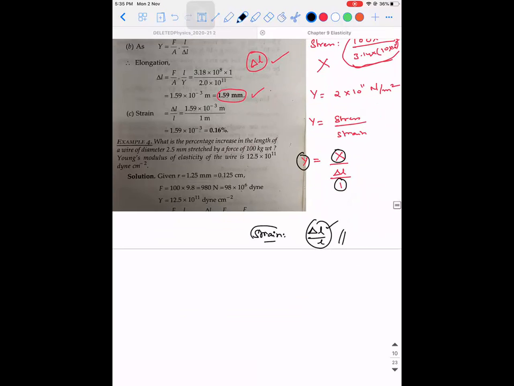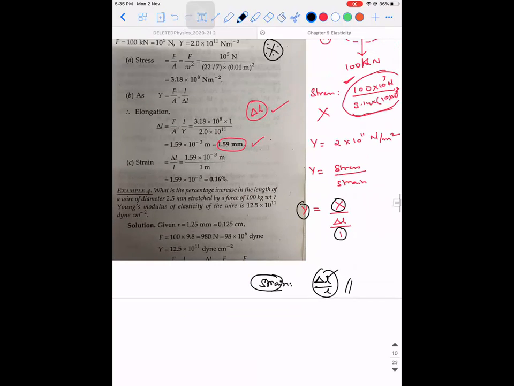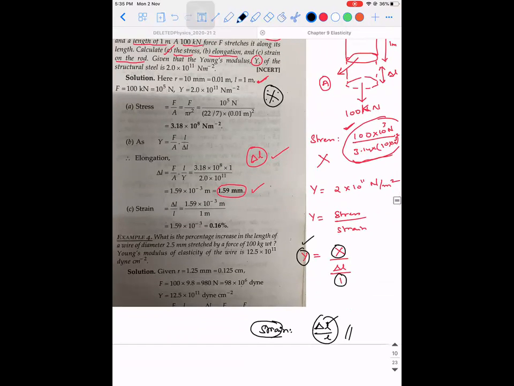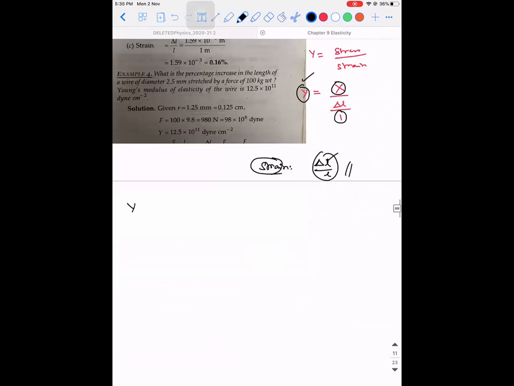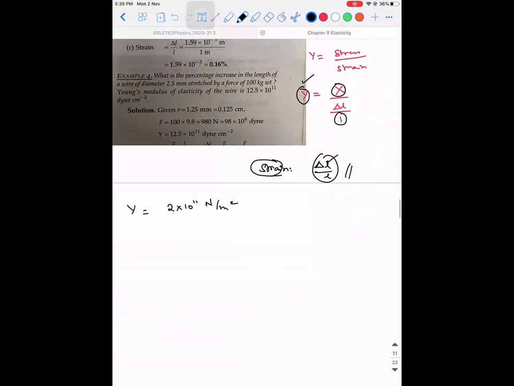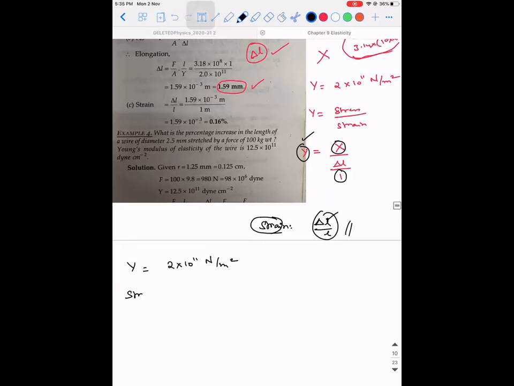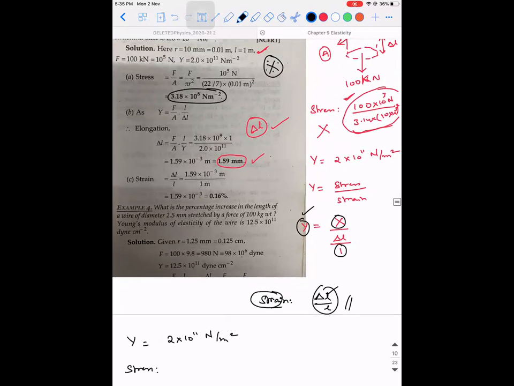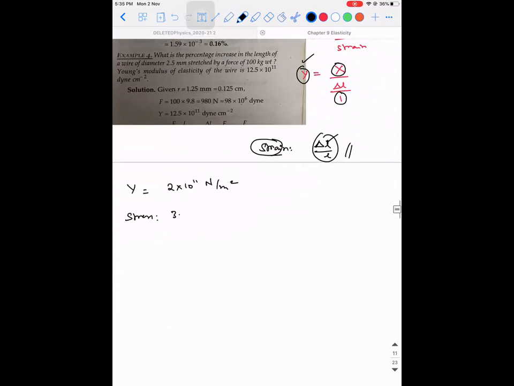For me to use the strain, I should have known the data related to strain from the question, but nothing is given. Rather, the Young's modulus is given. So what is Young's modulus that is given? That is 2 into 10 power 11 Newton per meter square. Right? And we have calculated the stress also. Stress comes out to be 3.18 into 10 power 8 Newton per meter square.